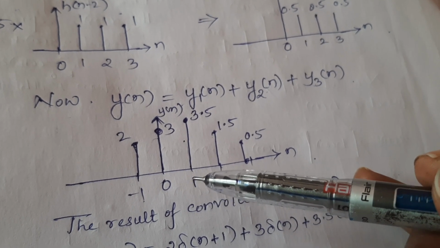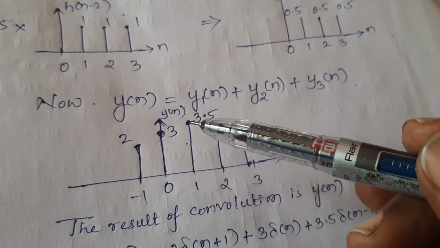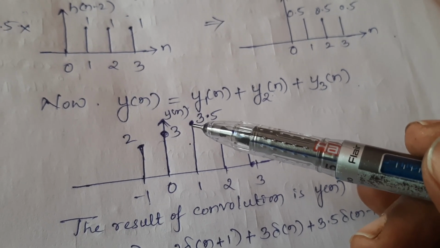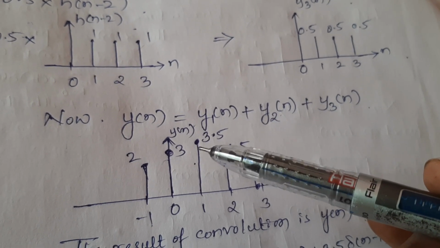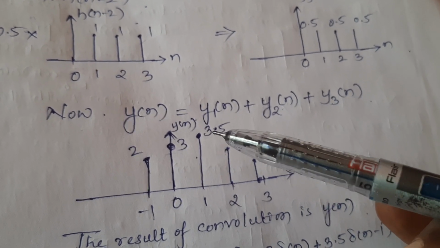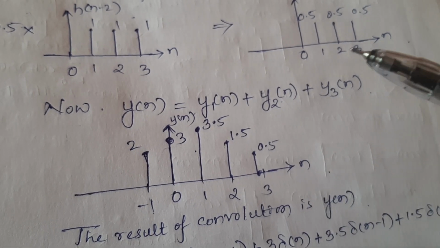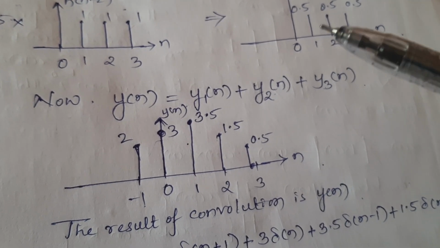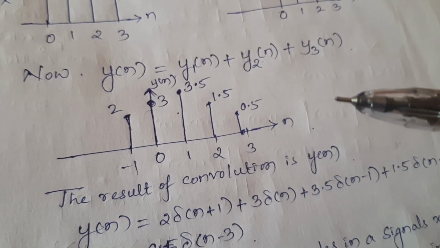At n is equal to 1, in y1 it is 2, in y2 it is 1 and in y3 it is 0.5, so its value becomes 3.5. Similarly at 2 and 3, the values can be calculated and the resulting output is this.